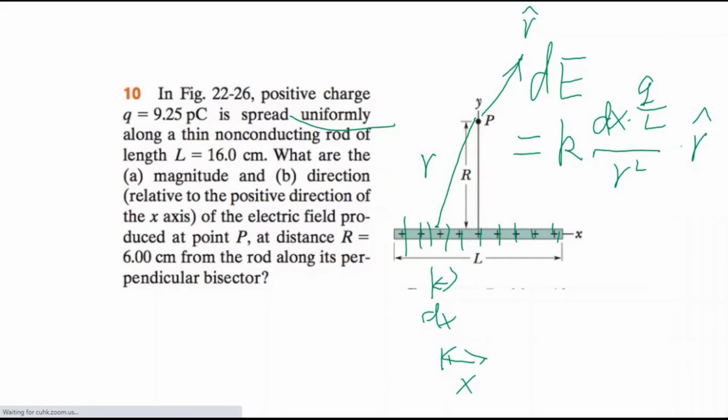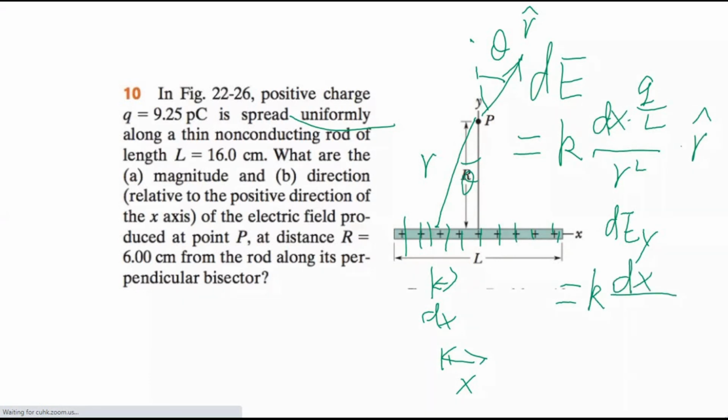So we actually need to calculate the dEy. dEy can be treated as dE multiplied with the cosine. If we say this is theta, then cosine theta would be the big R over the small r.